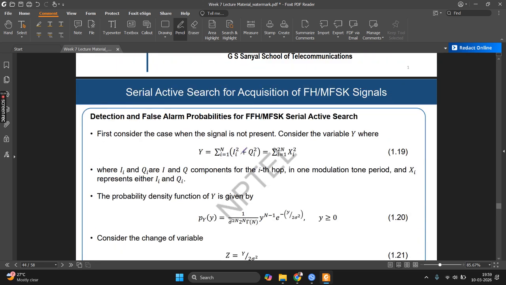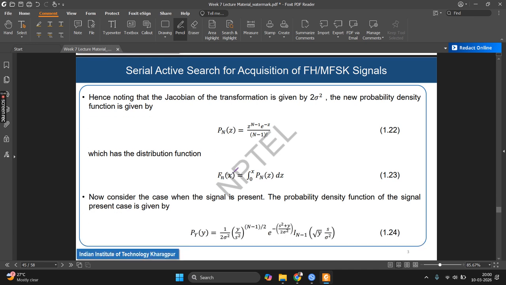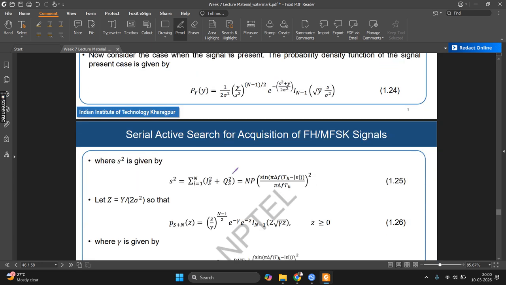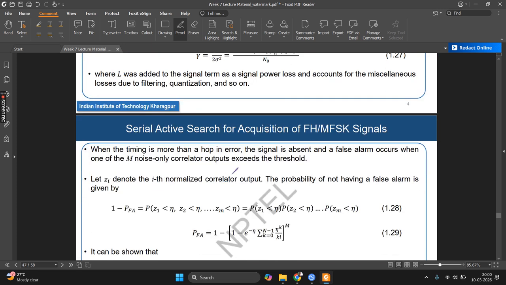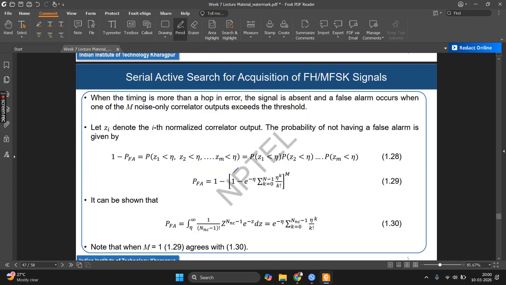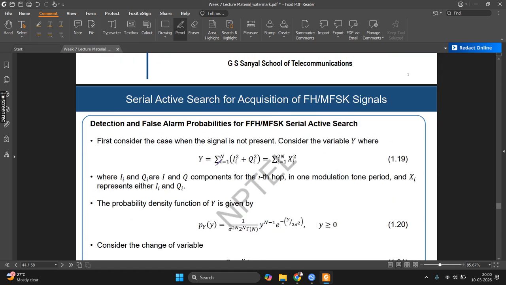Okay, now we will do some probability analysis of this frequency hopping and active search thing. So first consider the variable y.